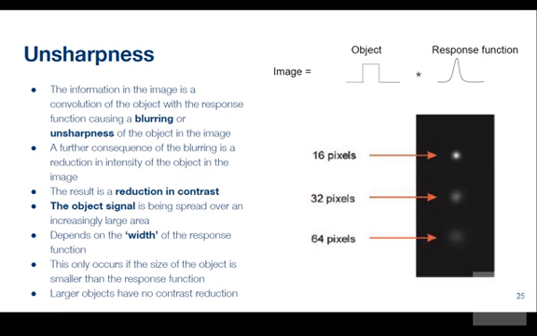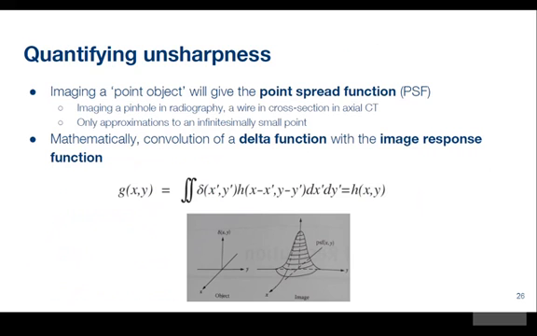These are the widths of the response functions. So this is really only important once the size of the object is of the same order or smaller than that response function. If we have a large object, we don't see any reduction in contrast. So it's really important when we're trying to see small details in an image.